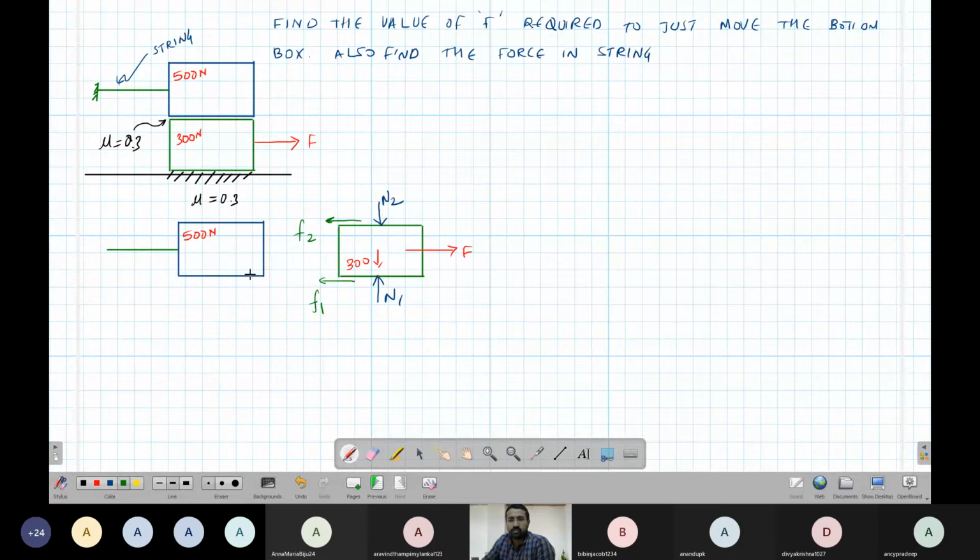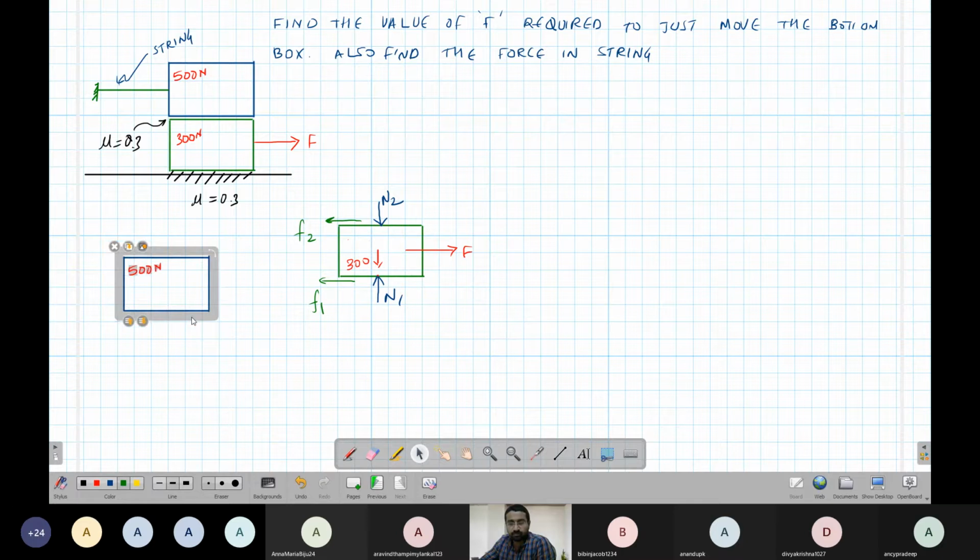Now we will take the second one. So I'll just get rid of this string. Now, one thing that you have to observe is this body will be at rest, until this body goes out from under it and falls down. Till then this body will be at rest. This body will be starting moving. Those are the two concepts. Okay.